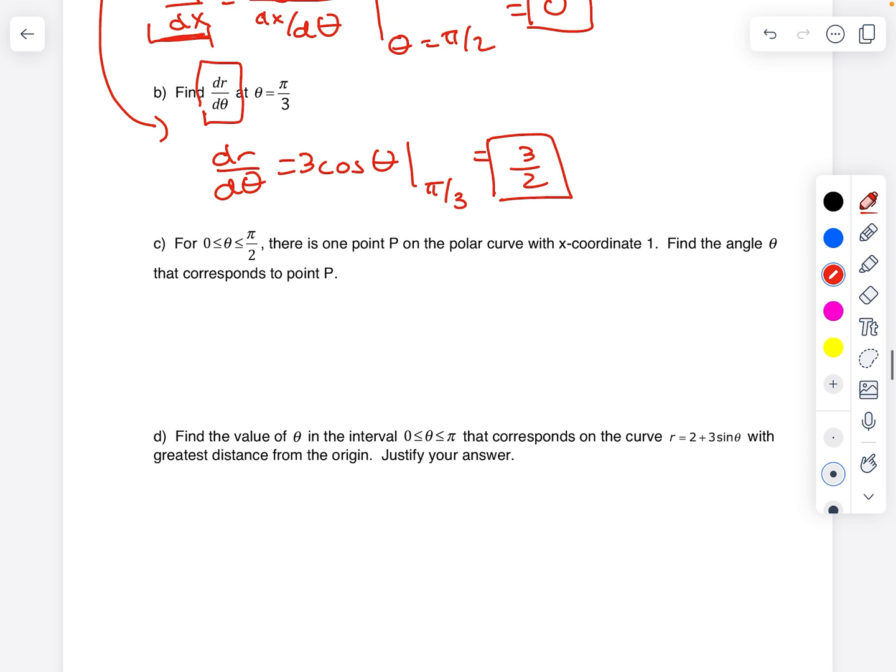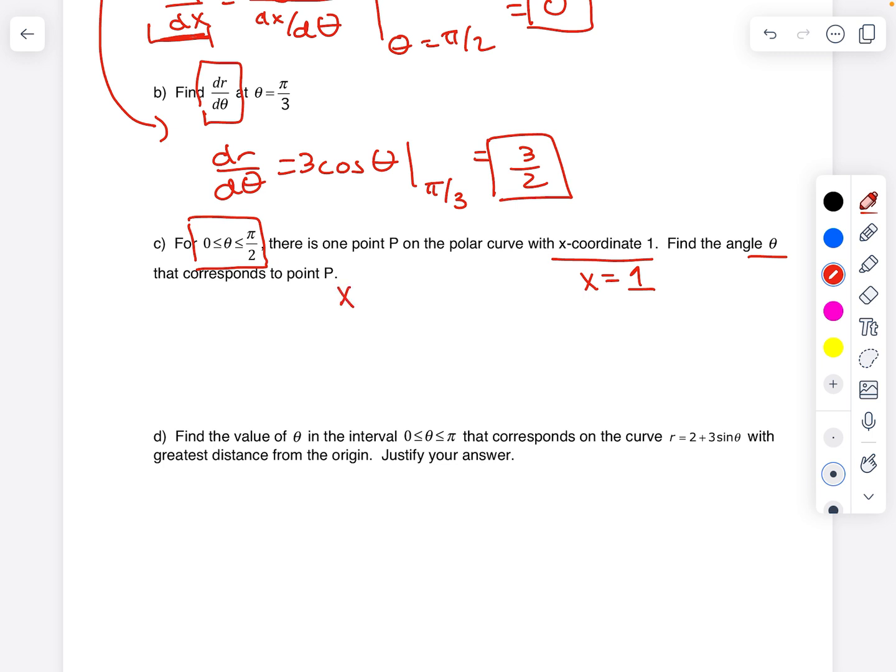Okay, the next one. I'm only looking from 0 to pi half, so quadrant 1. It says there's a point on the polar curve where the x-coordinate is 1. So they're saying that on this graph, your x value is 1. I want to find the value of theta. Okay, you're given x, I want to find theta, so you should be thinking, I need an equation that has x's and thetas in it.